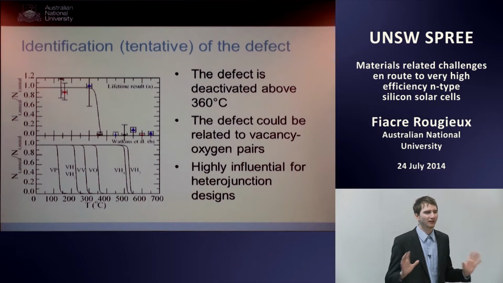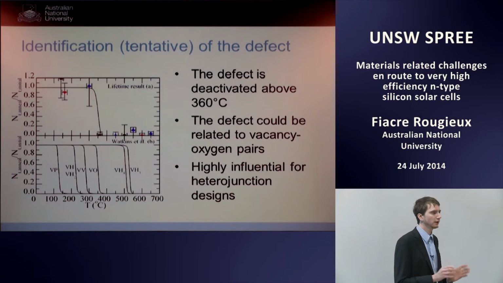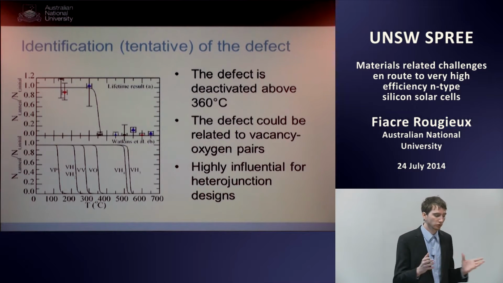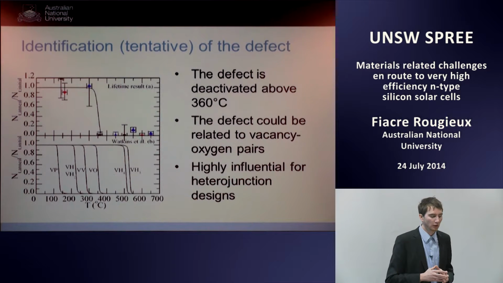But regardless of the nature of this defect, this is going to be very interesting because it is going to affect heterojunction solar cells. If we do a standard heterojunction solar cell, or the recent IBC heterojunction solar cells, we're unlikely to reach the 400 degree mark because we have this amorphous layer, and we typically don't need high temperature because we don't do any diffusion. So we're not going to reach the temperature where we deactivate this defect.